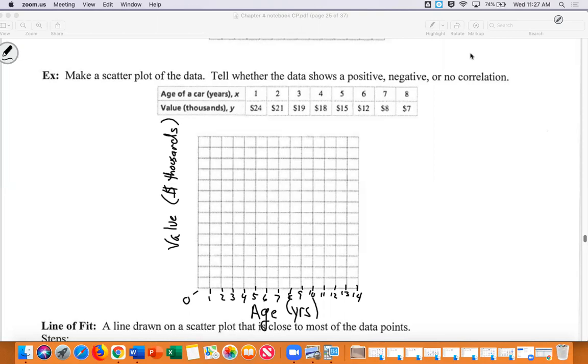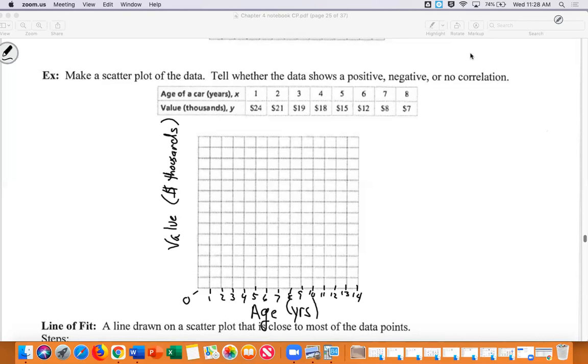If I have 14 blocks and I need to go from 7 to 24, what should I count by? Should I count by 1s? Will I be able to get all the way up to 24 if I count by 1s? No, I should count by 2s.